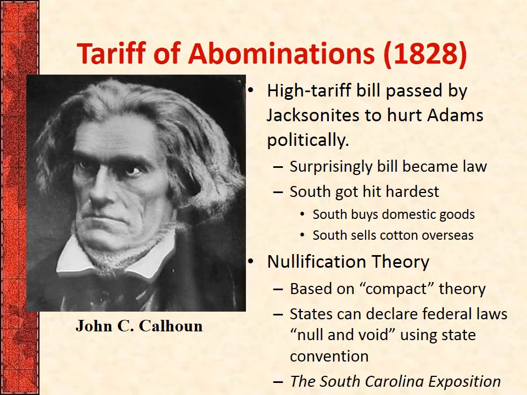The Jacksonites, the guys supporting Andrew Jackson, wanted to hurt John Quincy Adams in an election year. It's very similar to what they do nowadays, where political opponents try to pass BS bills to harm a congressman, or in this case a president, politically, to force them to veto something or force them to accept it.